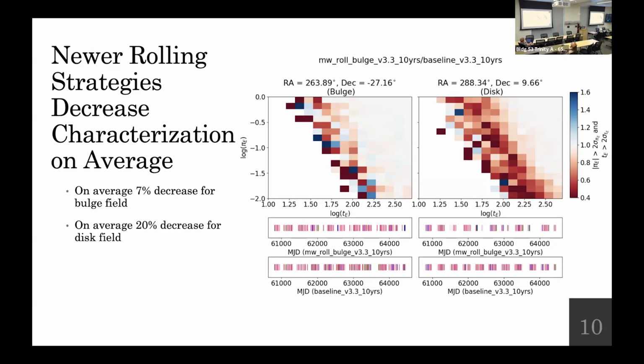The bluer it is, the better the rolling strategy did. On the left side is a bulge field, on the right side is a disk field, and on the bottom is the representation of how the pointings look in those particular fields. On average, there was a 7% increase in characterization in the bulge field and 20% in the disk field.